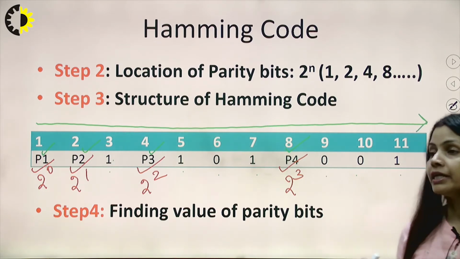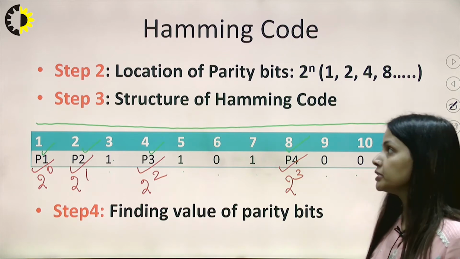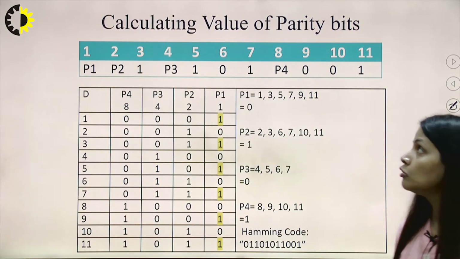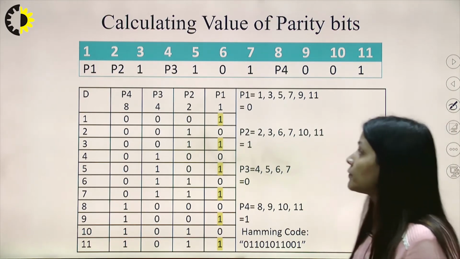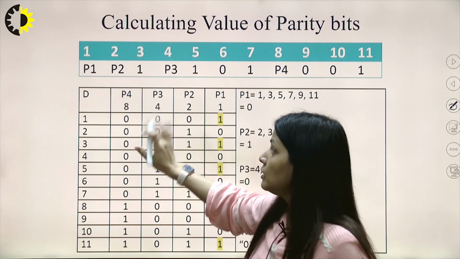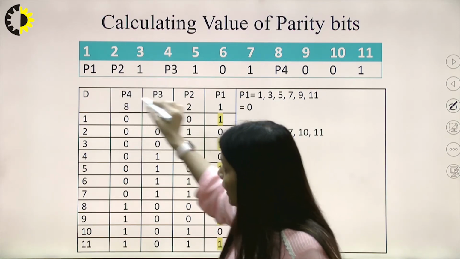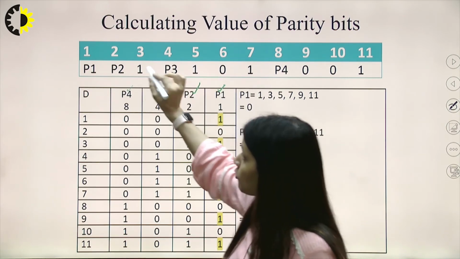So coming to the next step, that is step 4, finding value of parity bits. For calculating the value of parity bits, we will write the table. Here I will write my parity bits P1, P2, P3, P4.